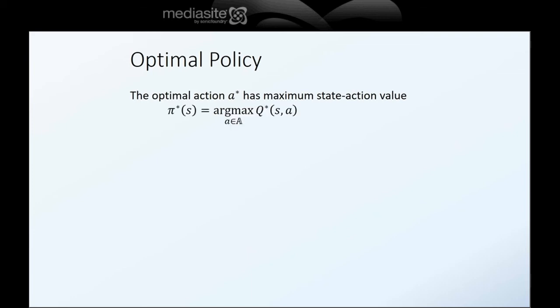So pi star, the optimal policy, is argmax over A of Q star SA. And V star S, the optimal state value, is the maximum with respect to the action A of Q star SA. In other words, in the previous example, the optimal value V star was 33 because Q star SA was 33.